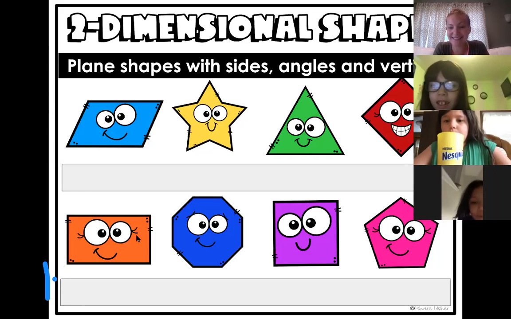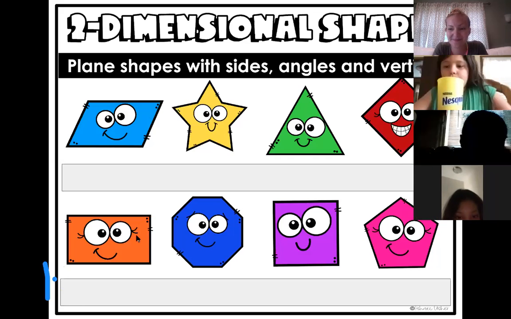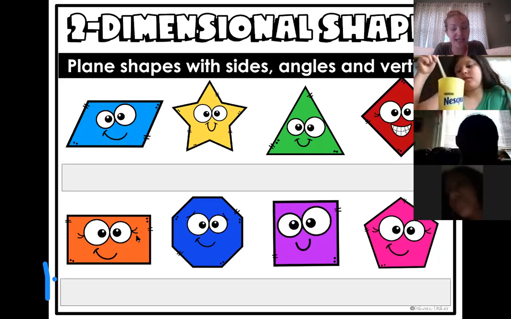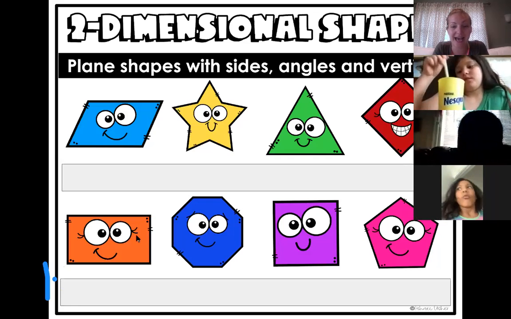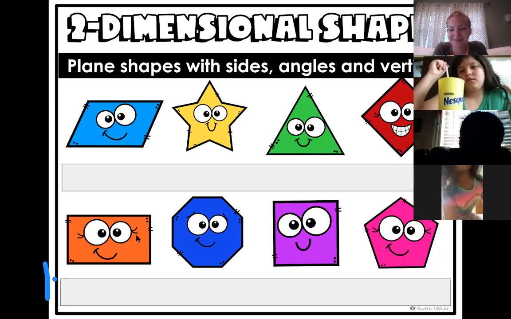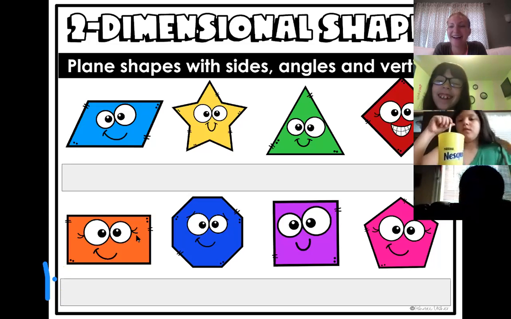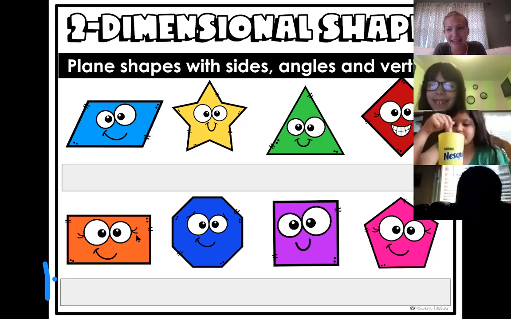Count the sides. 8. A hexagon's a really good guess, but hexagons have 6 sides. So if this has 8 sides, does anybody have an idea what it might be called? Something with 8, right? All right, we'll have to find out the answer.